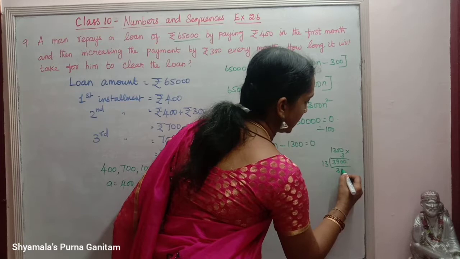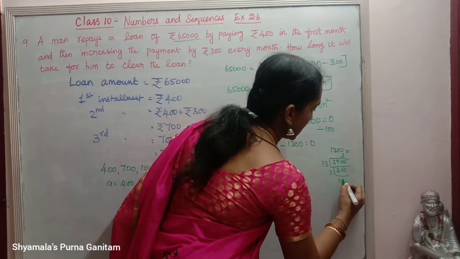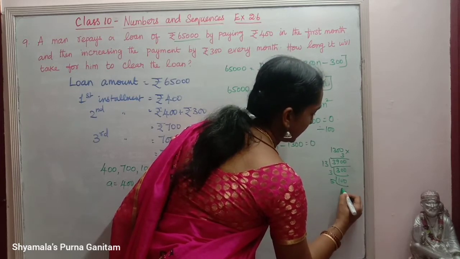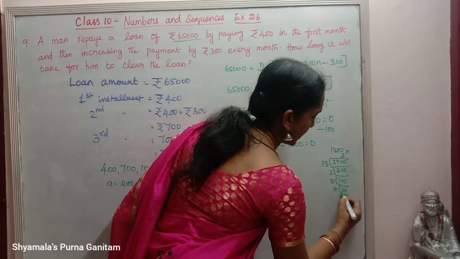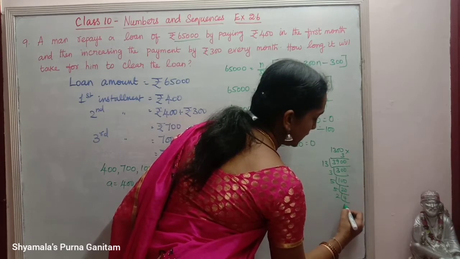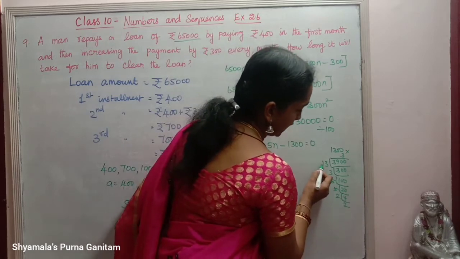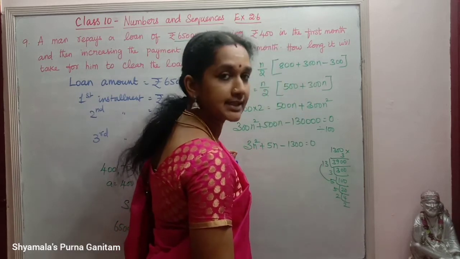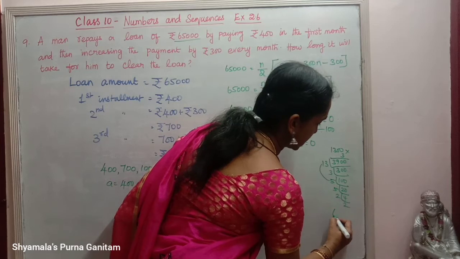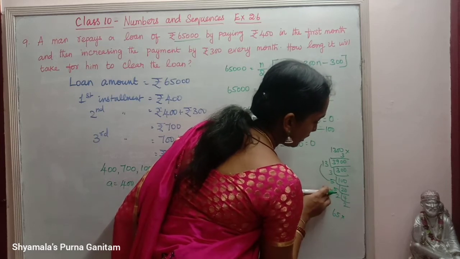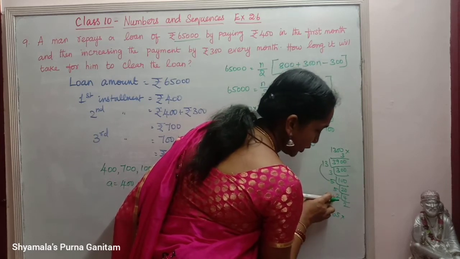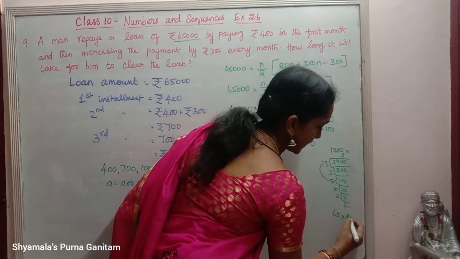13 3s are 39, then 300, then 5 20, then 5 4, then 2 2. Okay, so then 13 into 5 is 65. 13 into 5 is 65 into 5 2s are 10, 10 6 are 60.